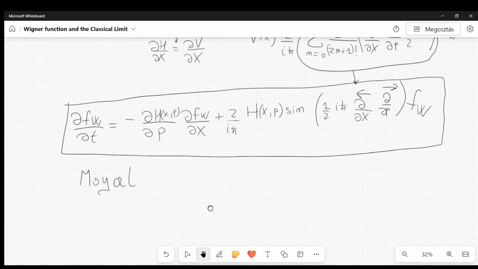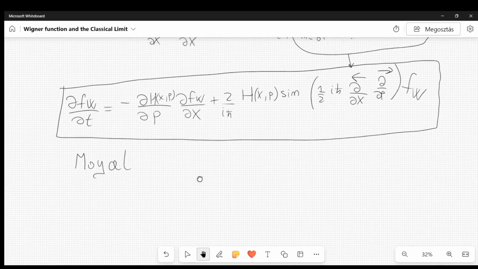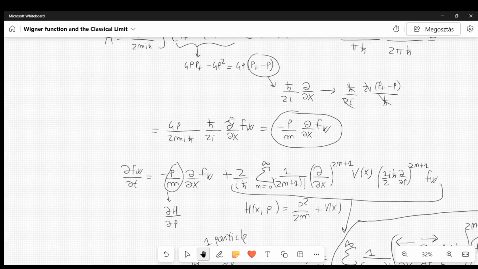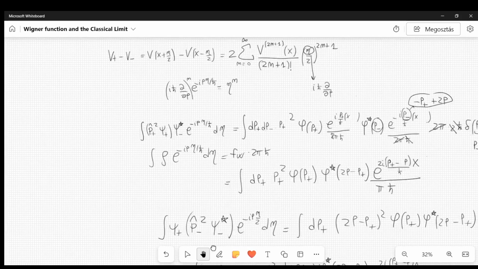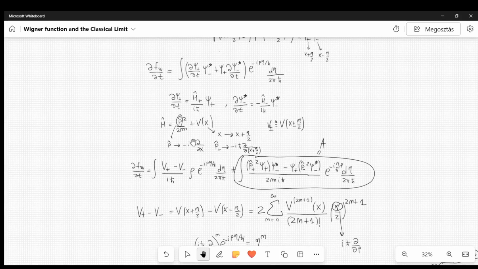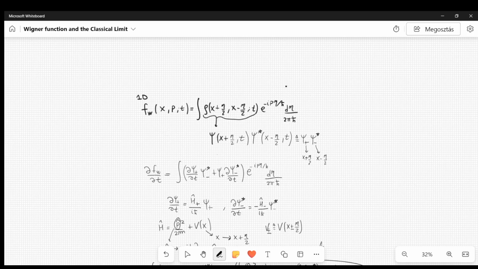So starting from the Wigner function written as an integral that we started from the beginning of the video, it's not really intuitive how to take the limit when we can consider h bar small. Because yes, we have fluctuations due to this exponential, but we can only expect the laws of classical mechanics to emerge.